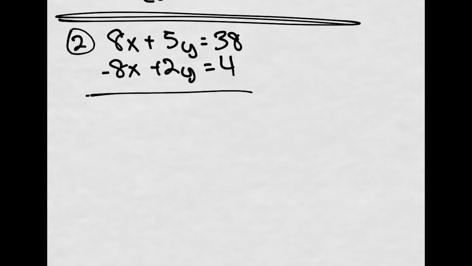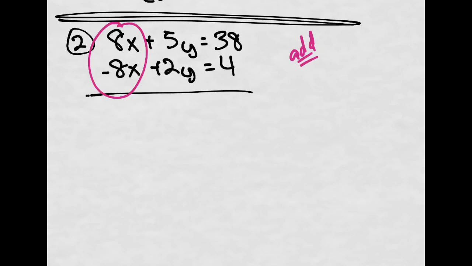Now, if I'm looking at this system, and I think everybody can see this, it's the plus 8 and the minus 8 that are going to be able to eliminate one another, right? 5 and 2 won't eliminate, but a plus 8 and a minus 8 will eliminate. And they're going to eliminate, in this case, opposite signs.